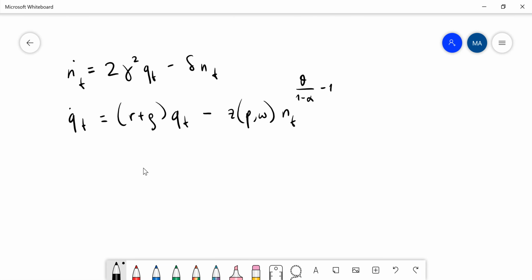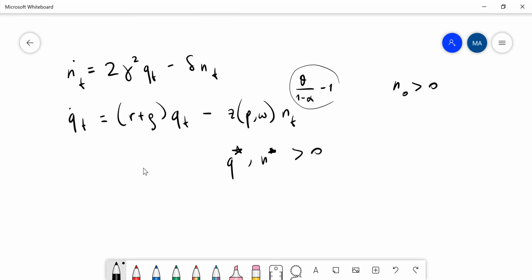Okay? And you have n0 given. So what you can do, of course, is to find the steady state, and the positive steady state is there, q star n star, right? Finding that steady state and then linearizing this, because this is nonlinear, right? So this part makes this model nonlinear.